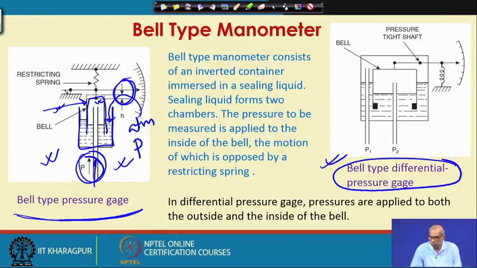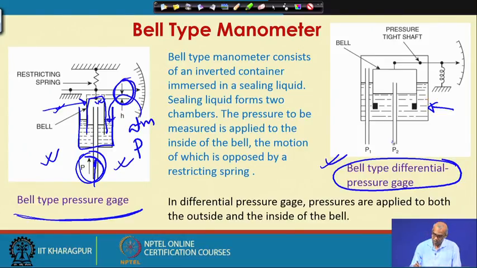So, that is what we do. I have to make use of a sealed chamber. Here the chamber was open, but here I have to use a sealed chamber. So, the bell type differential pressure gauge will consist of an inverted container immersed in a sealing liquid, and the sealing liquid is taken in a sealed chamber.